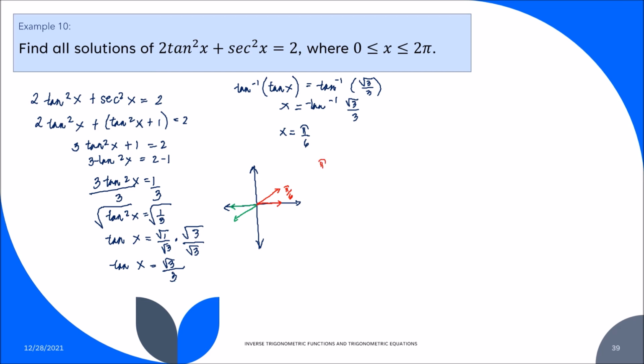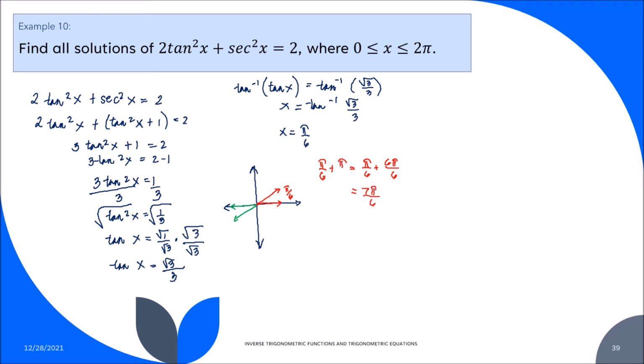So determining that angle on the third quadrant, we'll just add pi over 6 plus pi, that's equal to 6 pi over 6. Therefore, we will have 7 pi over 6.